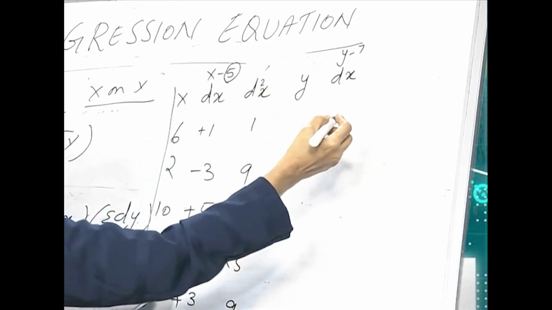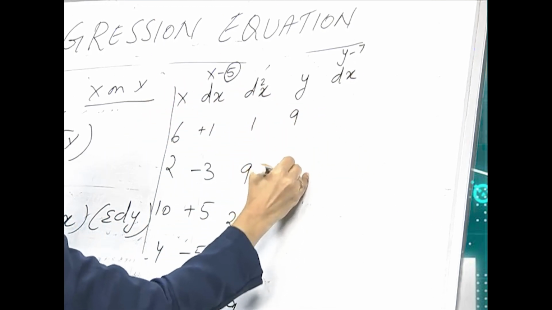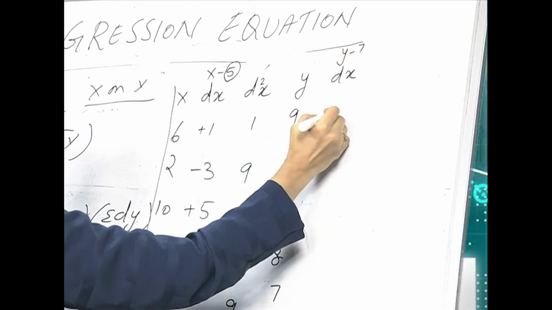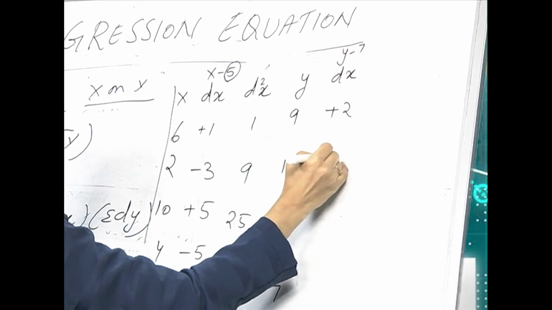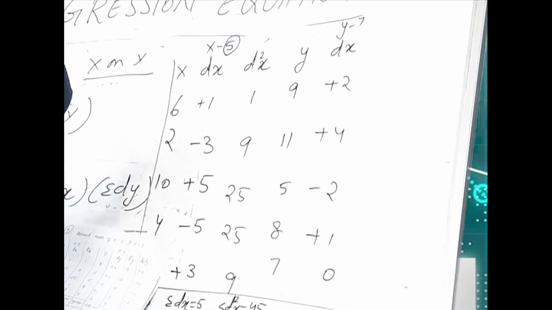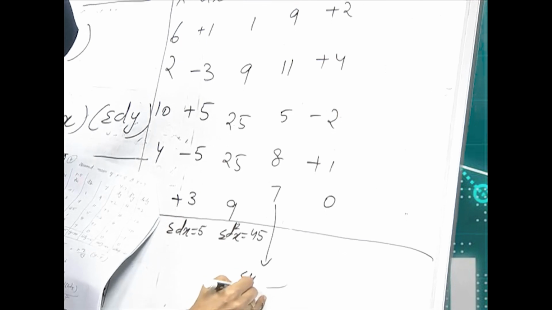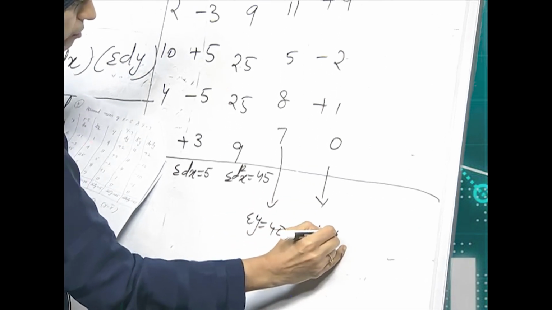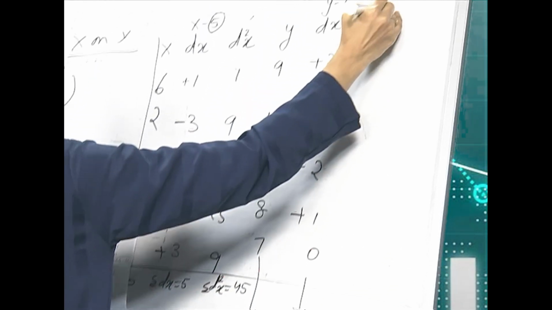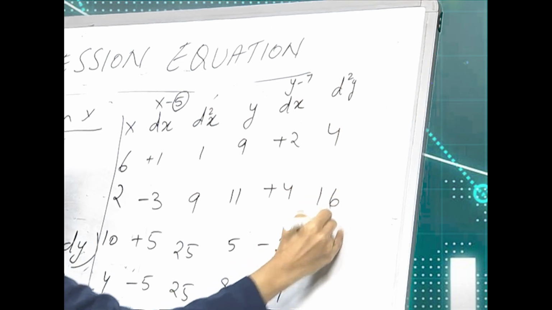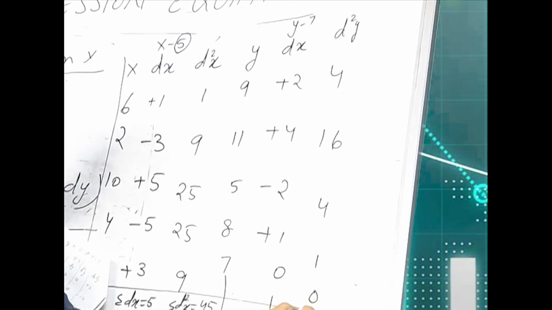Values for y are 9, 11, 5, 8, 7. Now y minus 7: 9 minus 7 plus 2, 11 minus 7 plus 4, minus 2, plus 1 and 0. So, sigma y is 40, dy is 5, and then I will take into consideration squaring of this. So, 2 into 2, 4, 16, 4, 1 and 0.